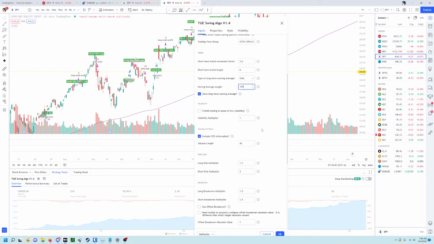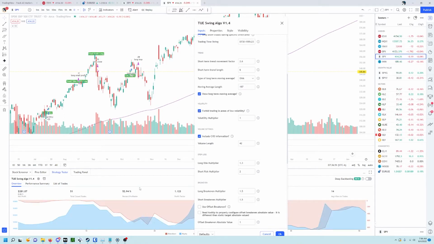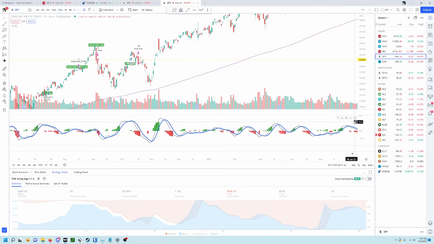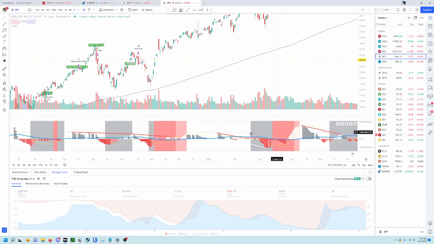Next is volatility. You can forbid trading in areas of low volatility. Essentially, we'll click it on, and you'll see the change down here. Yeah, it looks all wonky, huh? What this is designed mostly for is when you can't use the CVD, my cumulative volume delta indicator.